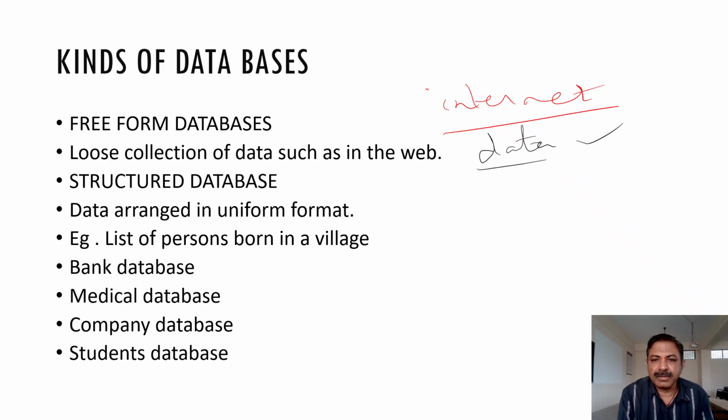Some people will be looking for film data, some for news, some for subjects, some for meanings. So various data is connected in the internet. That is called a loose collection of data, such as in the web.